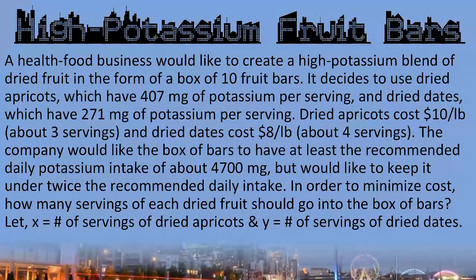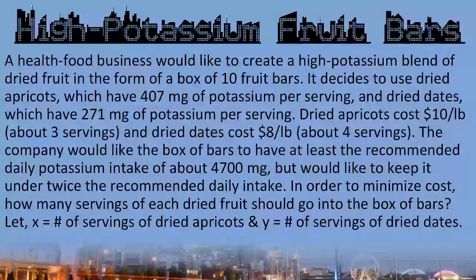Dried apricots cost $10 a pound, which is about 3 servings, and dried dates cost $8 per pound, which is about 4 servings. The company would like the box of bars to have at least the recommended daily potassium intake of about 4,700 milligrams, but would like to keep it under twice the recommended daily intake.